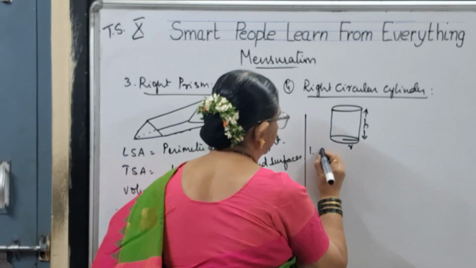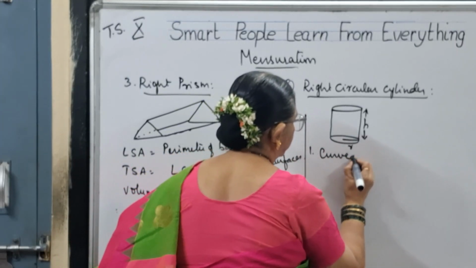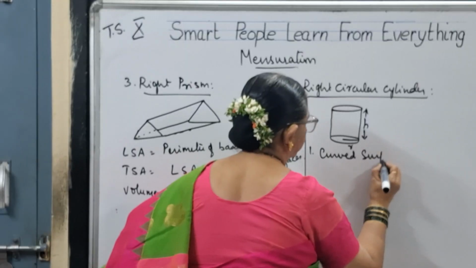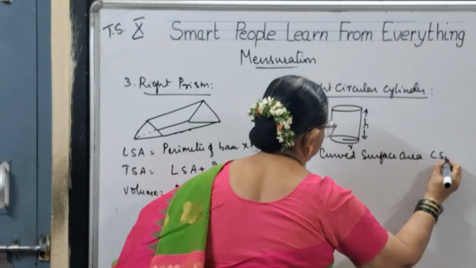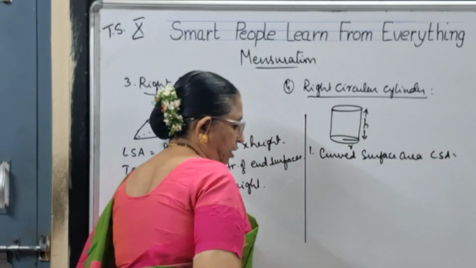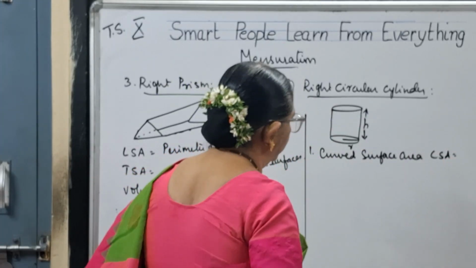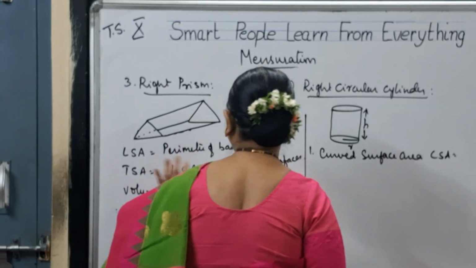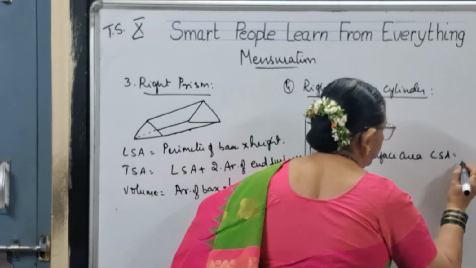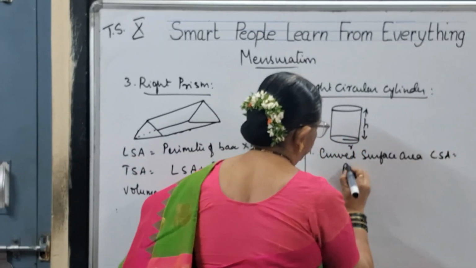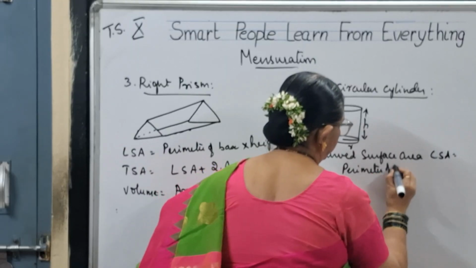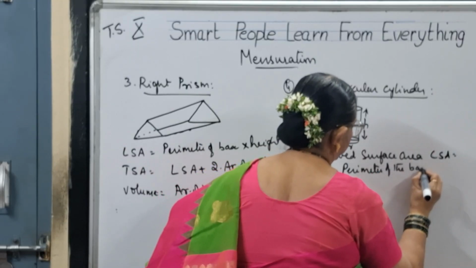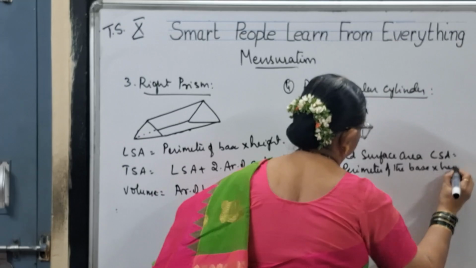The first one is curved surface area, taken as CSA. Even here you have written it is the perimeter of the base into height.